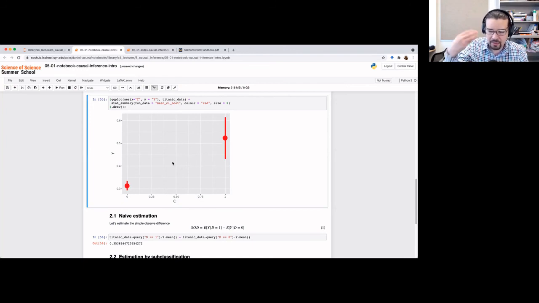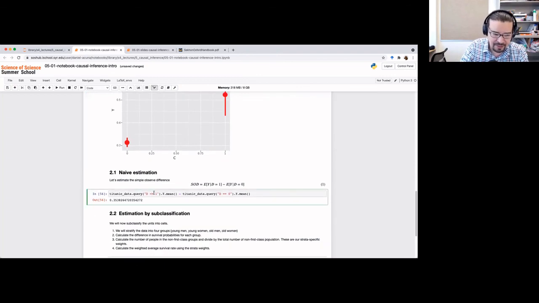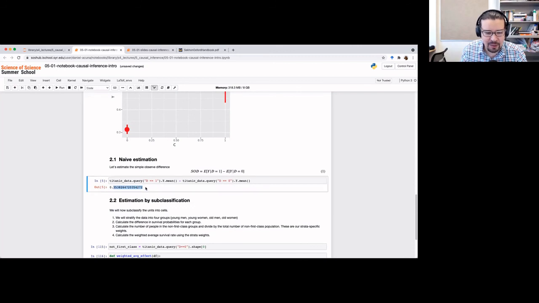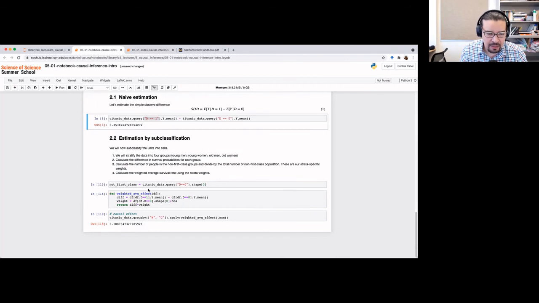The observed difference between the outcome of the treatment and no treatment is substantial. Oh, I have it here. Okay, so I don't need to be looking at the graph. So it's 30%. The chances of being in first class compared to non-first class is 30% more chances of surviving. Okay. So I will apply subclassification, and the method is a little.